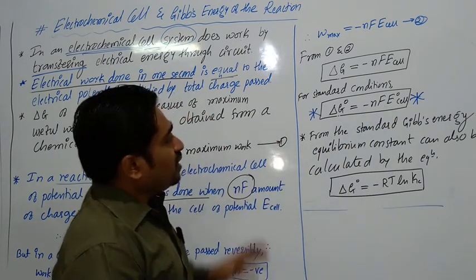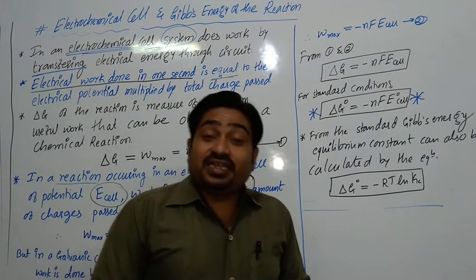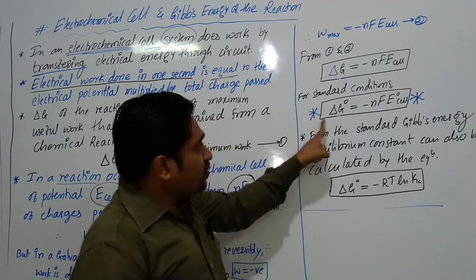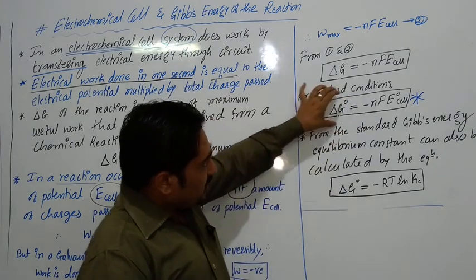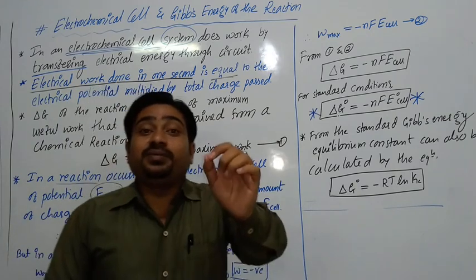And one more conclusion can be drawn from this, that is the feasibility of the reaction. Feasibility means whether the chemical reaction takes place or not. By using this equation, we can determine the feasibility of the reaction.